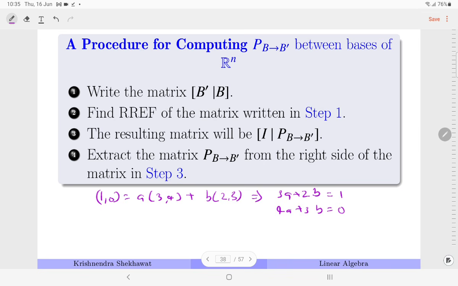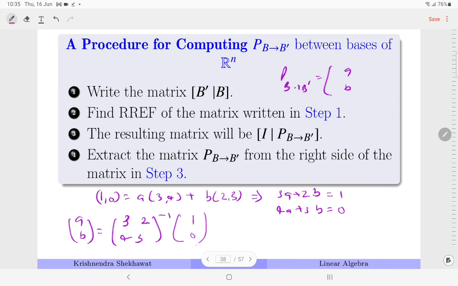If I have to solve it, then my required (a, b), which is the first column of P from B to B dash, is the inverse of [3 2; 4 3] multiplied by (1, 0). Agrees? Similarly, if I have to compute (c, d), it is the inverse of the same matrix [3 2; 4 3] multiplied by (0, 1).